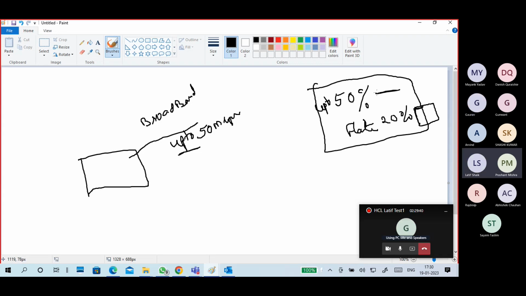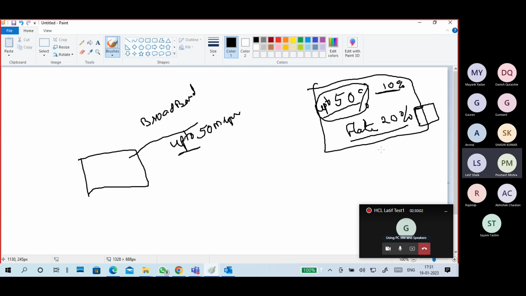Very good. So up to 50 means it may be 50 or lesser, maybe 1%, maybe 2%, or maybe only 10%. Certain items 10%, certain items 20%, certain times 30%. Up to means it varies, maximum 50.